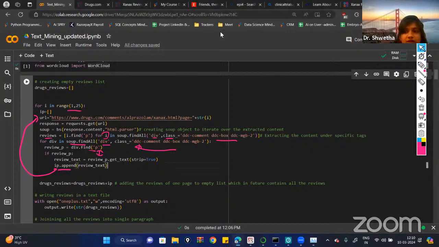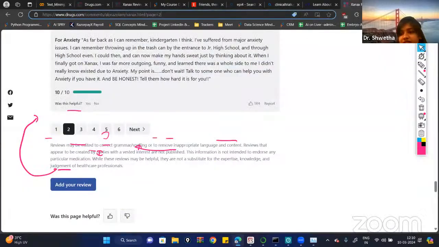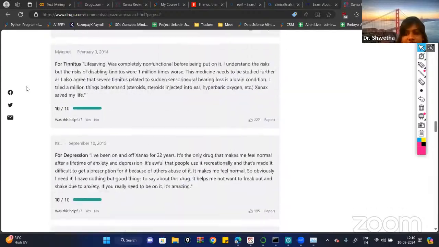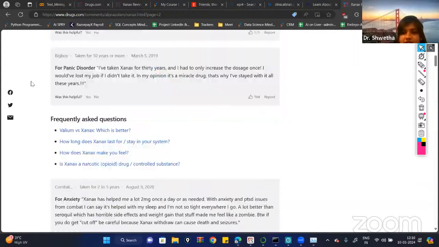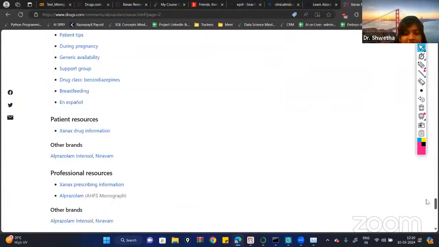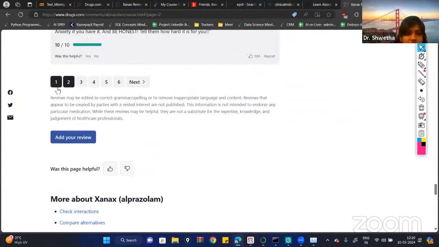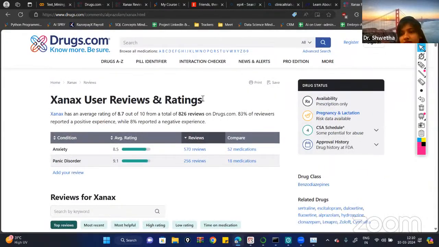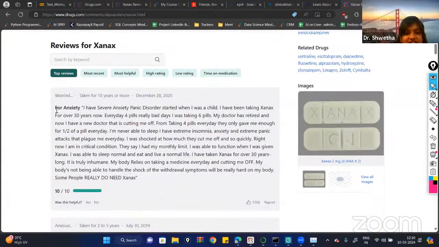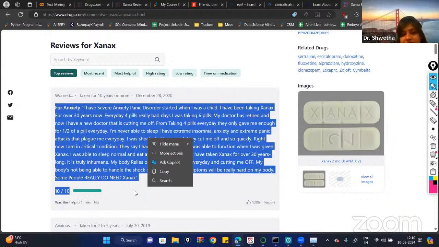Now, what are this div and class? What are all these? If we see this HTML page, if you have to extract a particular segment of it, let me go back. In these HTML pages, each thing is written in particular segments.